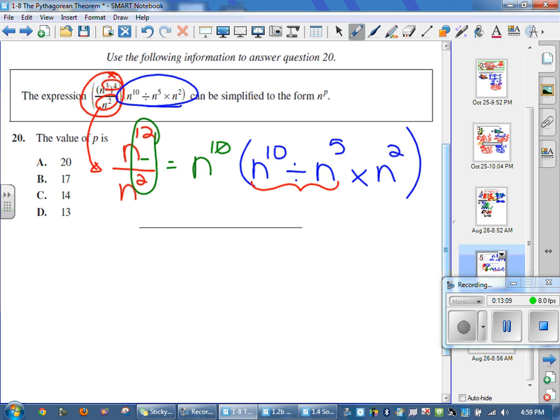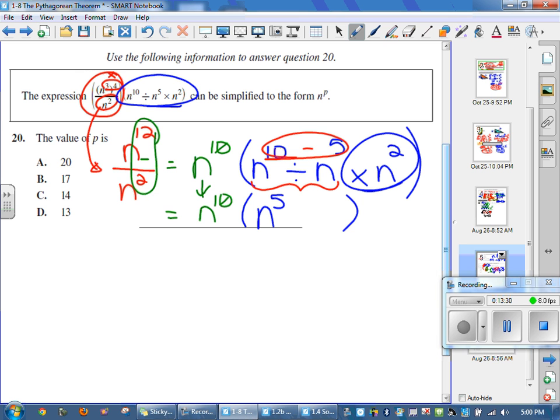So n to the 10 comes down. I haven't used the other one at all yet. In the brackets, I have solved the first part, and that's going to give me n exponent 5, because 10 subtract 5 is 5. And then I bring this n squared on the end, so times by the n squared.